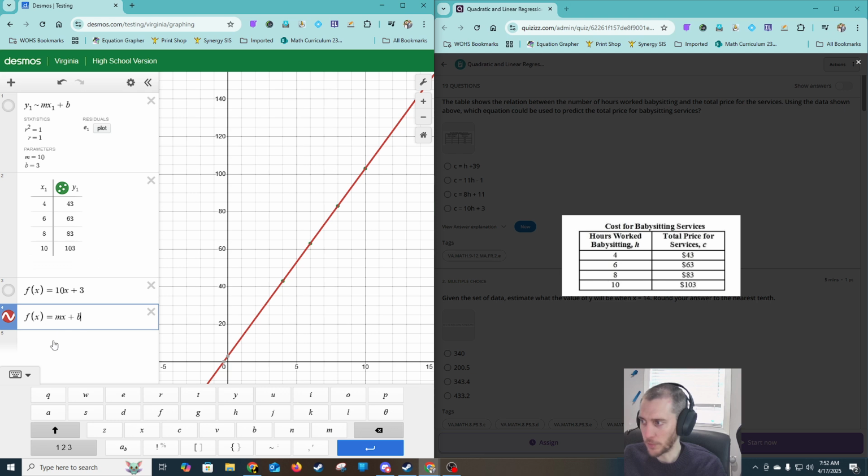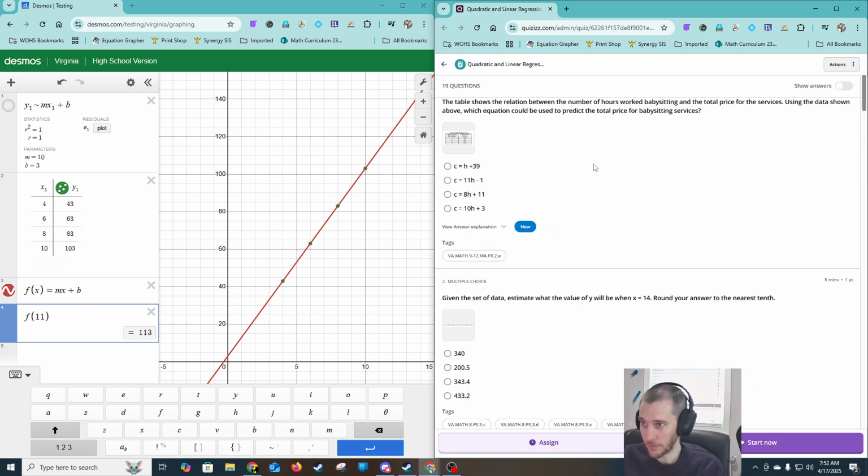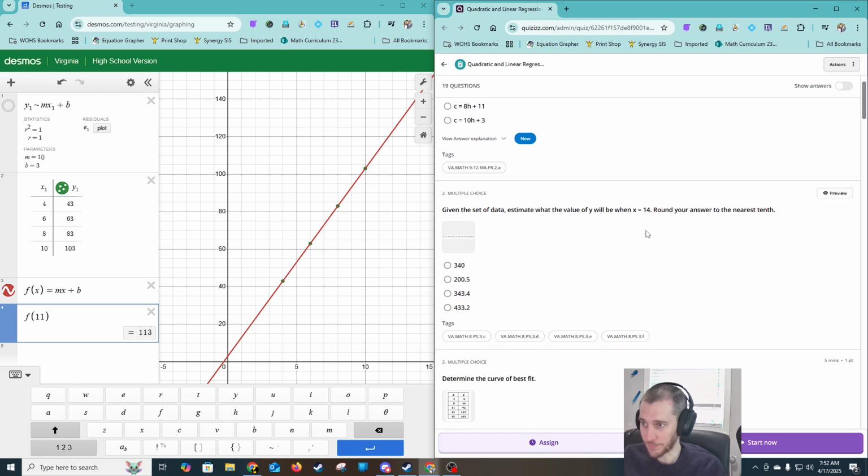And the reason we would do the generic one is so that if I wanted to figure out, okay, well, what is the price going to be for 11 hours of babysitting? You just make sure you have this one up here, and it'll plug it in for you. So it would be 113 if it asked for 11. So mx plus b, m is 10, b is 3. That is the last option.